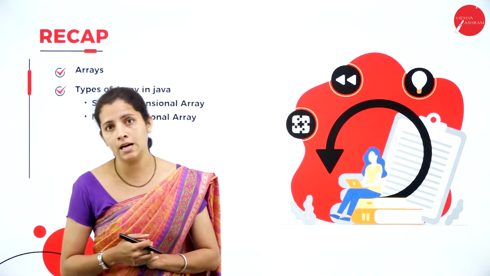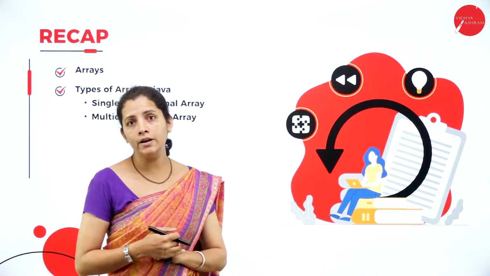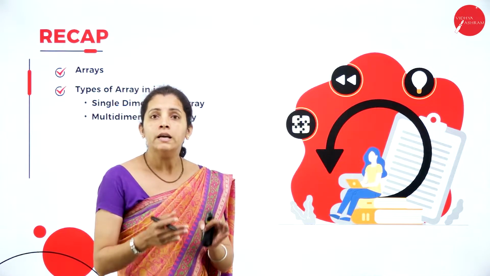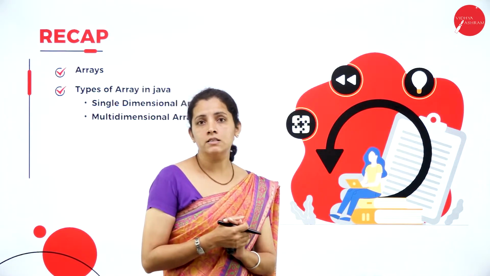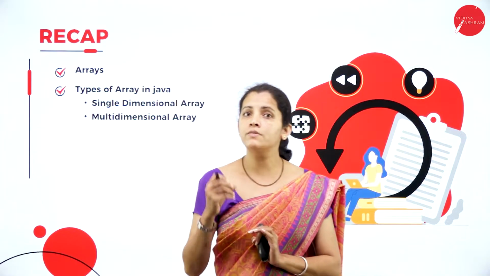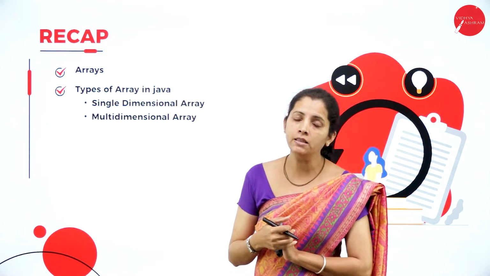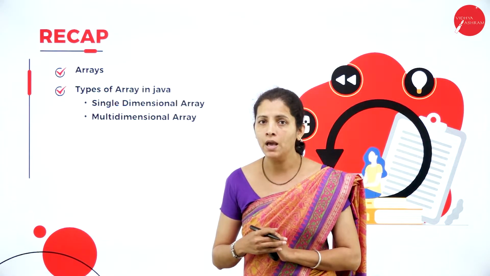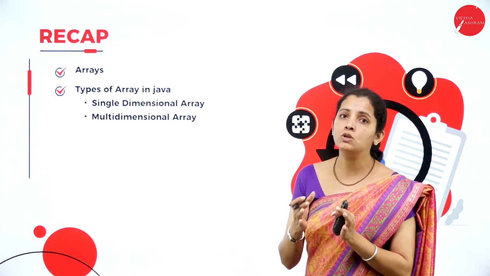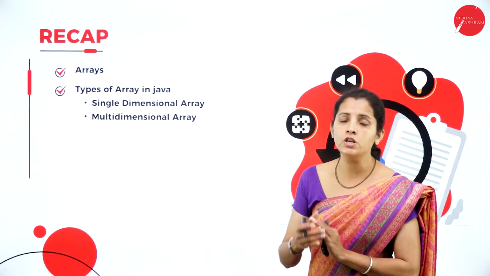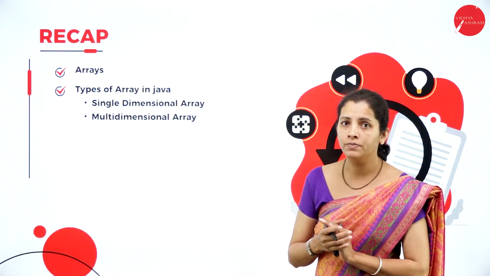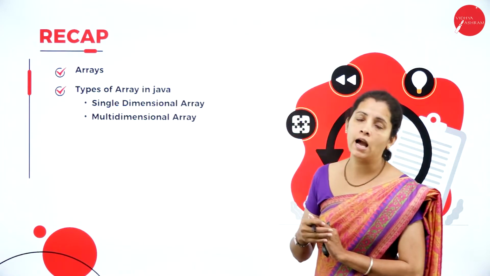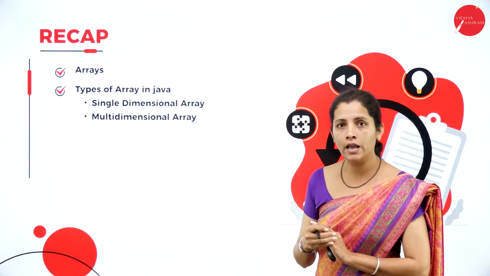The same or similar kind of elements are stored or grouped under the same name. If I want to access an element, how do I access it? With the help of the array name. All arrays are stored in continuous memory allocation. And there are two types of arrays, that is single dimensional array and multi-dimensional array.